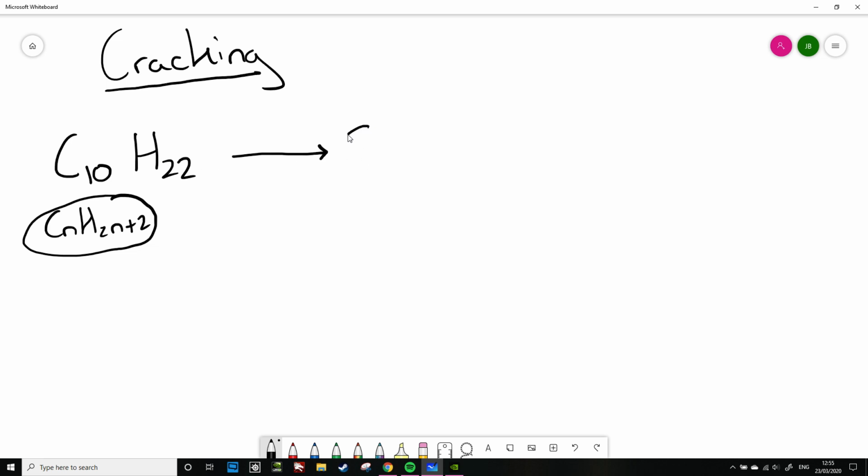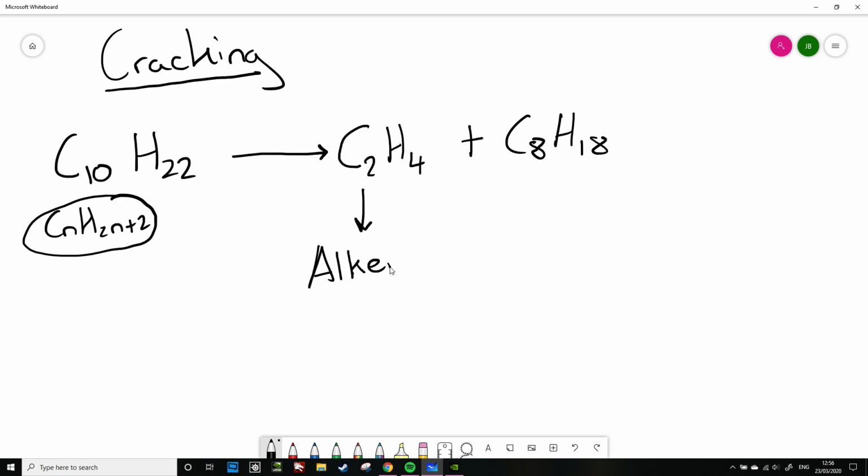So let's say we'll break it down into what we call C2H4. Now this one looks a bit weird, and I'll talk about this one in a moment. Plus C8, whatever's left over will be H18. So we've broken it down to two smaller ones. Now this one is not an alkane anymore. It is an alkene.